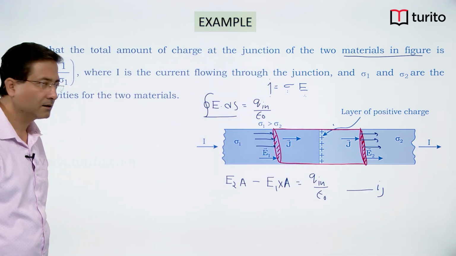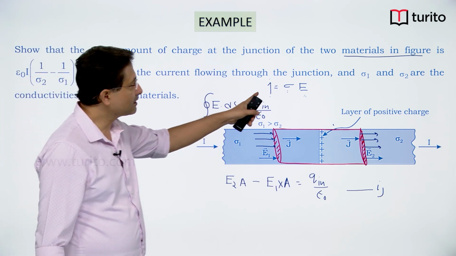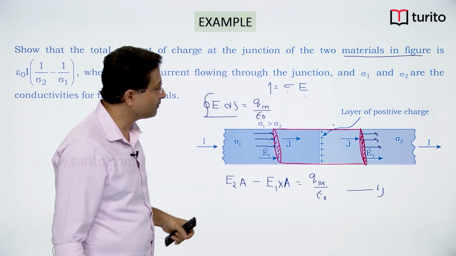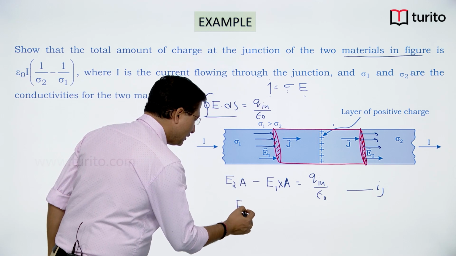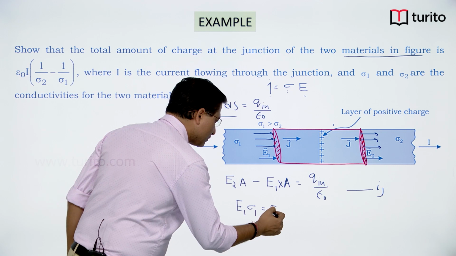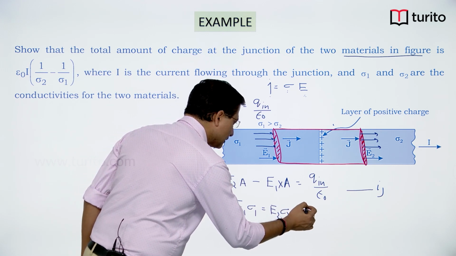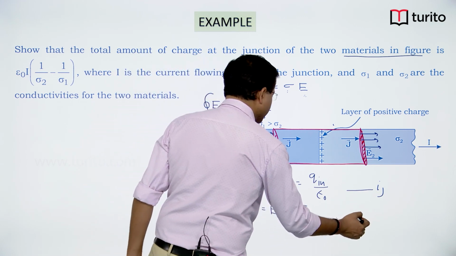And the second equation: J will be the same because current is the same. So I can write E1 sigma 1 must be equal to E2 sigma 2, which equals current by area. This is our second equation.